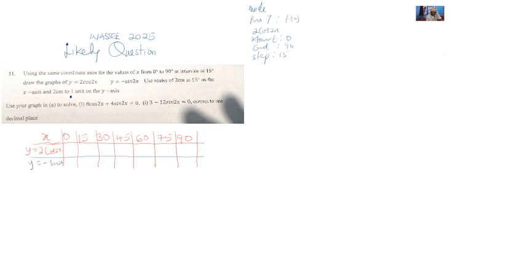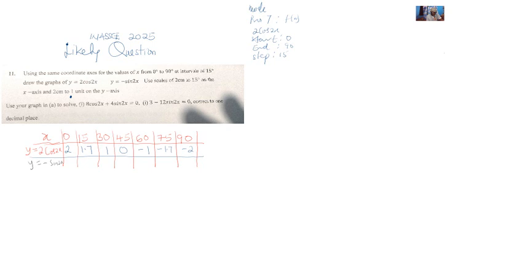When you have 2, to one decimal place, 1.7. You have 1, 0, negative 1, negative 1.7, negative 2.